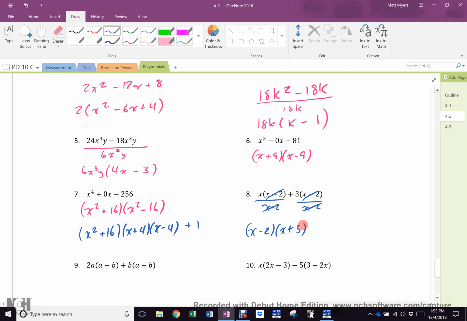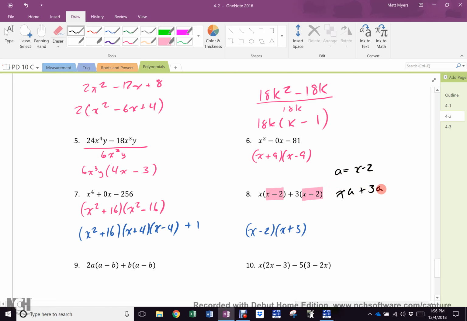Now, since I love you all as much as I do, I'm going to give you another way to make that easy on yourself. Is that the final answer? Yes, that's the final answer. What do you see? We've already established that those are the same, yes? So, watch. If I write A equals x minus 2, then isn't this x times A plus 3 times A?